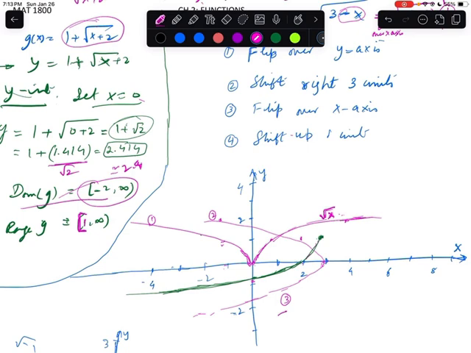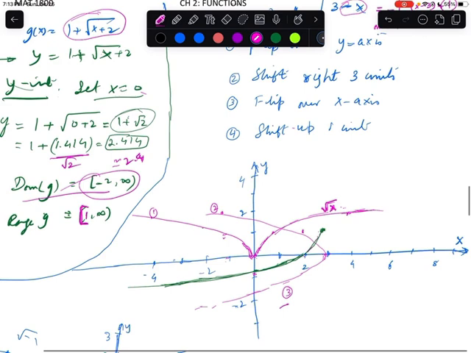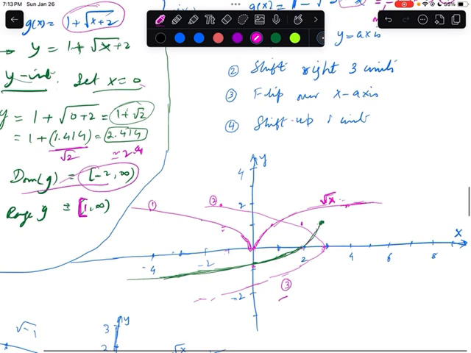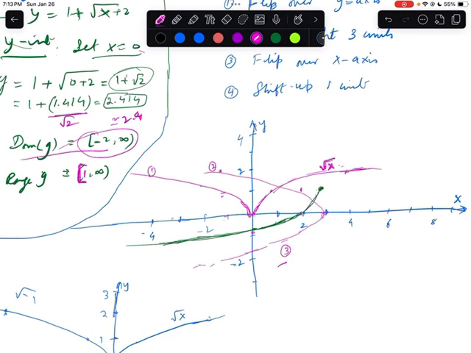So now notice here, this graph is crossing the x-axis and the y-axis. The point where it will cross the x-axis is very clear, because if you keep track of those 3 points that I have mentioned before, 3 points to graph the basic function. It will be 0 0, 1 1, 4 2.